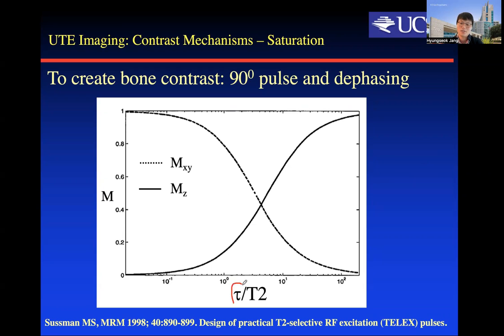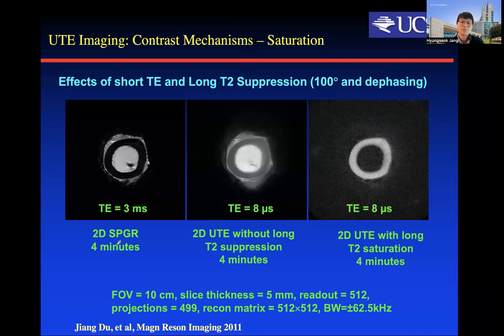So for the pulse duration here, if you have very short T2, then you're here, right? And then your MXY is almost not saturated, but your MZ is still remaining. But for the long T2 tissues, MZ, the longitudinal magnetization, is always saturated because of this saturation recovery. And then you only have the short T2 signal remaining.